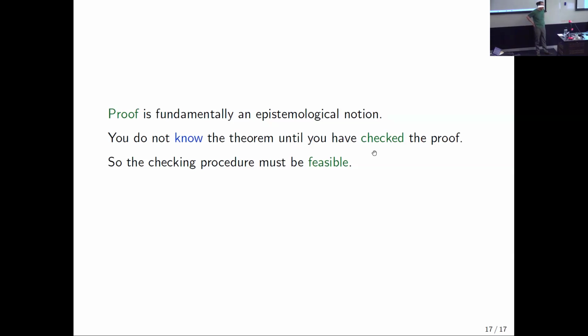And I think it's also not necessary, because suppose you have a proof of some theorem and you can check it in the ordinary epistemological sense. You have time to go through it. Well, then you actually have time to construct that proof. There's the same number of steps to construct the truth table as to check it.